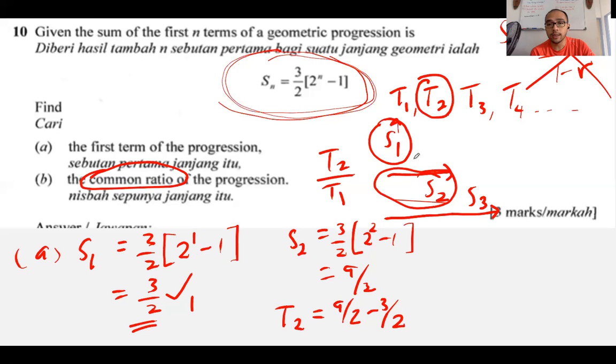Sebab S2 adalah T1 campur T2. So T2 saja adalah S2 minus T1, or minus S1, doesn't matter. Okay, so this one I will get 3. So my R will be 3 divided by 3 over 2, which will give me 2.